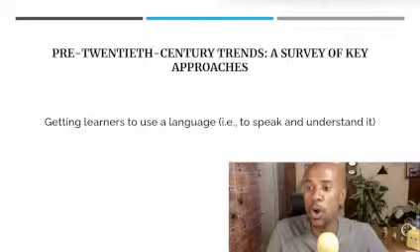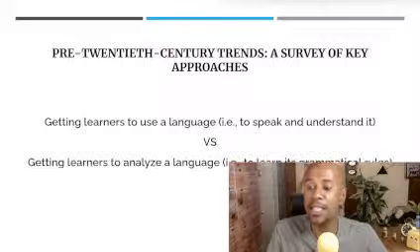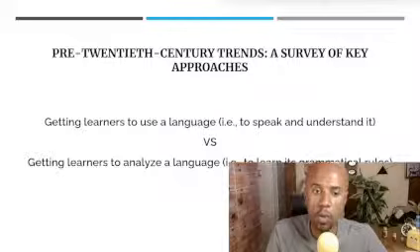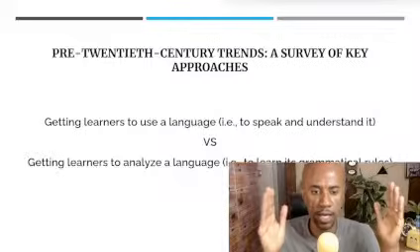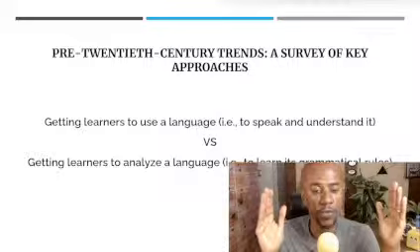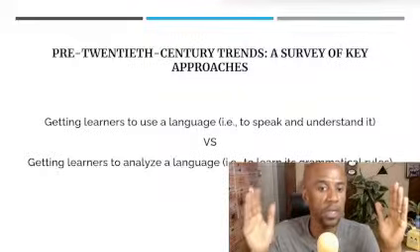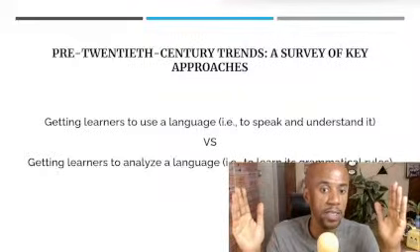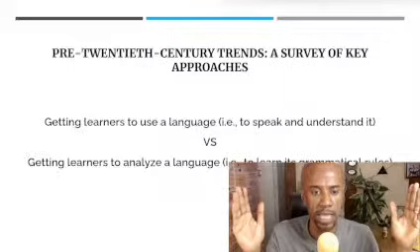One focused on using the language, i.e. speaking and understanding, and the other one focused on analyzing the language, i.e. learning the grammatical rules. So again, the spectrum of teaching and learning foreign languages was between these two extremes, using the language and understanding it, and knowing about the language.